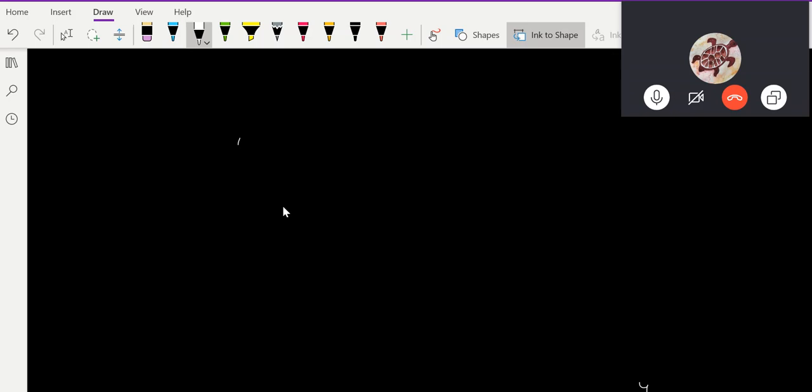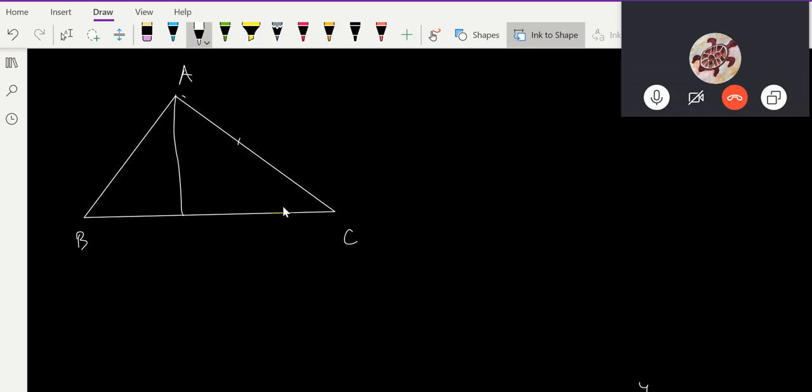Before that, I just want to touch upon the last important property, which is the point of intersection of the perpendiculars. So this is one of my perpendiculars.